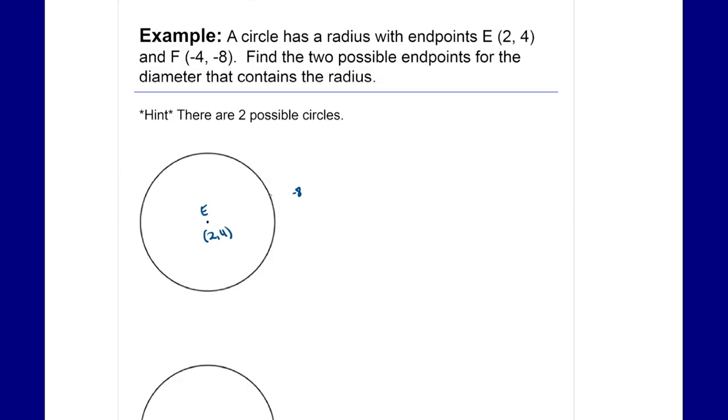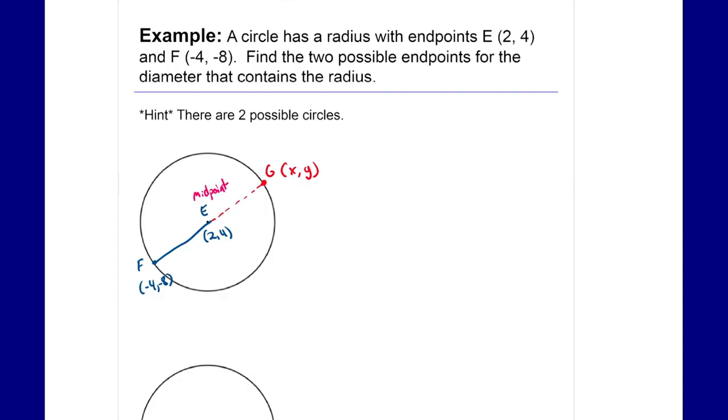If these are the points here, technically F should be over here. I want to find the two endpoints of the diameter, so it needs to go straight through to the end. We'll say this is point G, and it has two unknown values, an x and a y. How we've labeled it here, E is actually our midpoint, or the center of the circle.